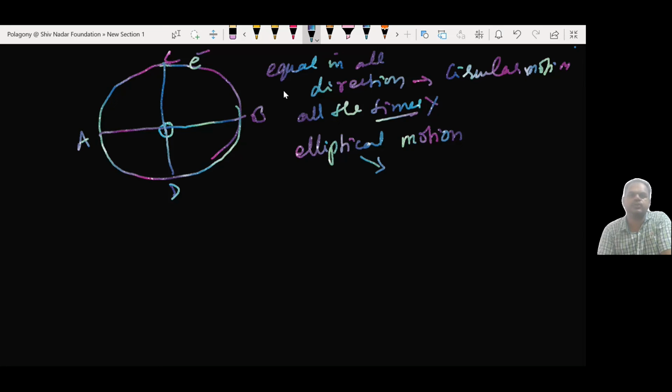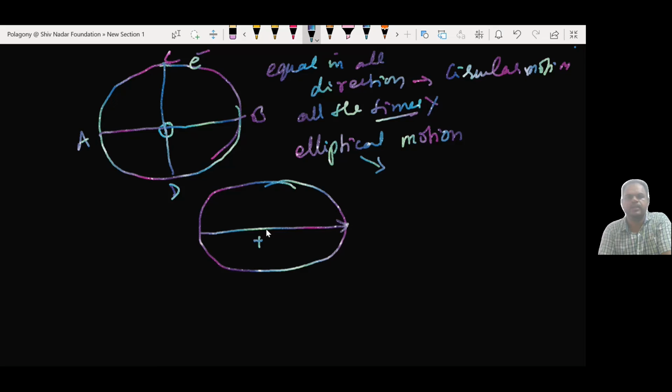The electron moves around the nucleus with CD not equal to AB. When the CD axis decreases, AB increases, and the electron moves in an elliptical shape. This is what we call ellipticity.